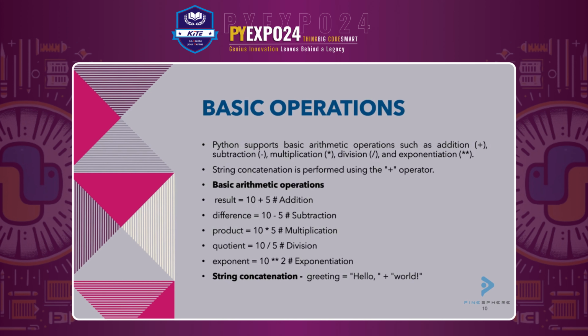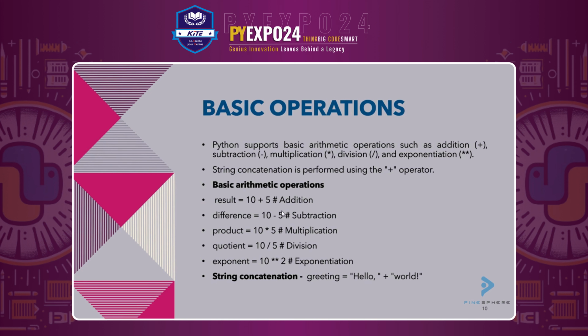Okay. The next is basic operations that we can do in Python. Python supports various operations for performing arithmetic calculations such as addition, multiplication, division, exponentiation, etc. Okay. So these are the examples for this. Basic arithmetic operations.